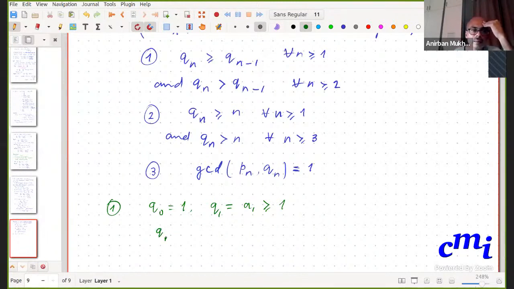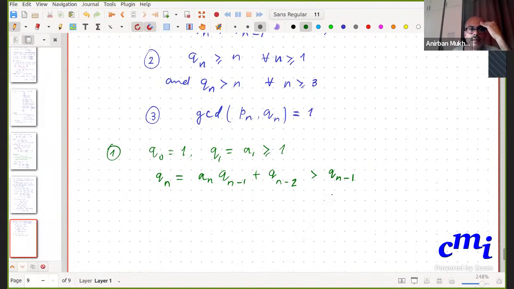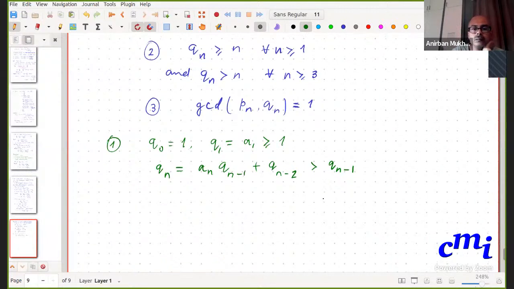And Qn is defined recursively as a_n Q_{n-1} plus Q_{n-2}, and therefore it is strictly larger than Q_{n-1}.